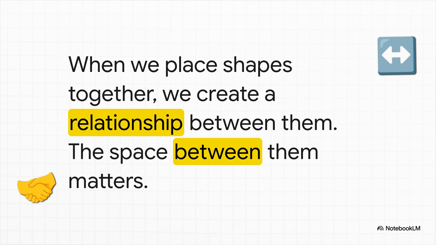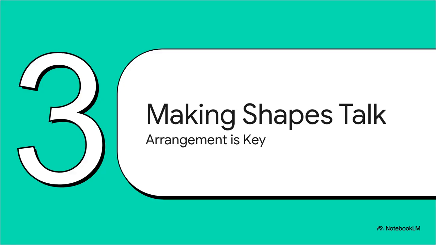Design works the exact same way. When we put elements close to each other, our brain just automatically connects them, and that space in between them suddenly gets really interesting. And this leads us to one of the most clever, most mind-bending tricks in design: making shapes talk to each other. Let's see how just a simple arrangement can tell a whole story without using a single word.